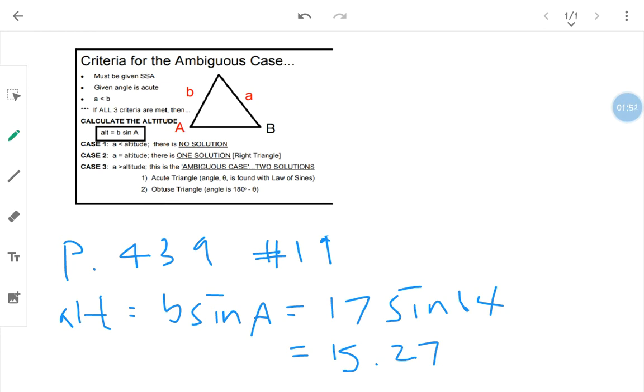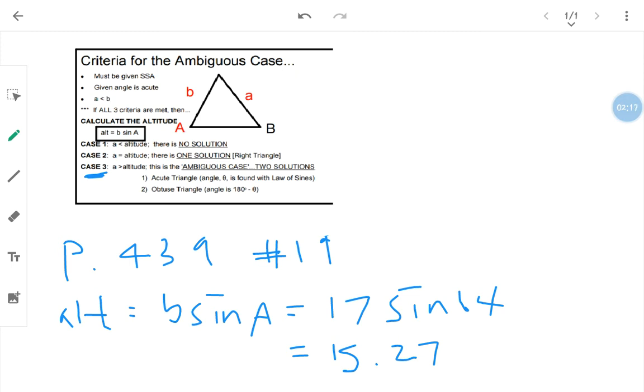So is this one bigger than A, same as A, or less than A? Your A is 16, and the altitude is shorter than that, so that is my case 3. So you're going to have two triangles, right? We can clearly see that we are going to have two triangles.